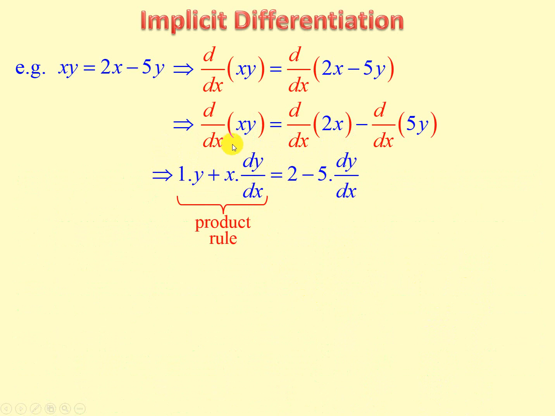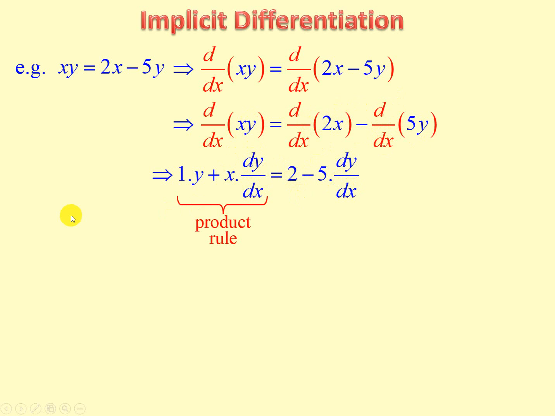So now, here we go, product rule. Derivative of the first times the second as it is, plus first times derivative of the second. So that's dy by dx, derivative of y with respect to x, equals 2. And derivative of 5y with respect to x is 5 times dy by dx.